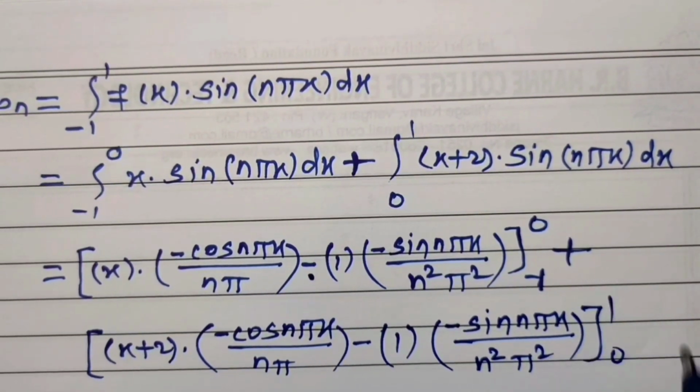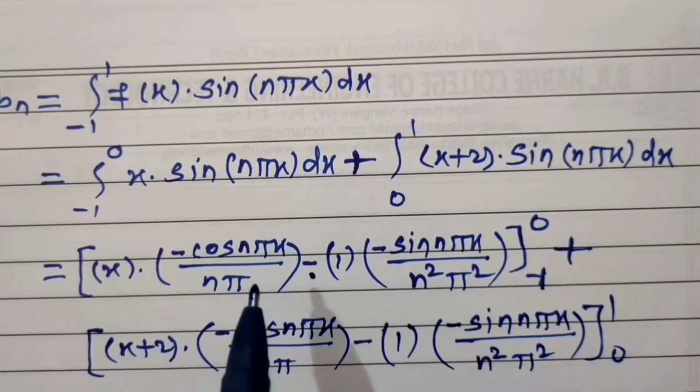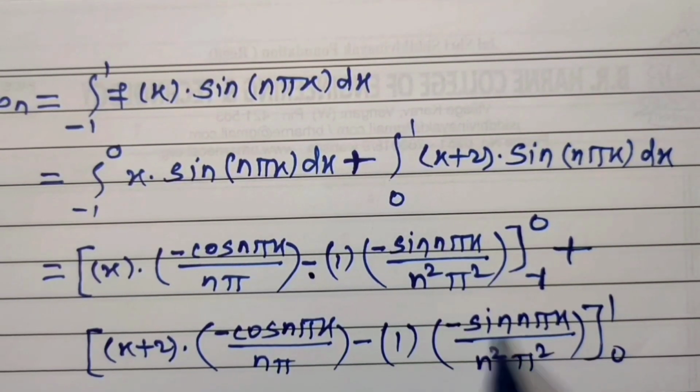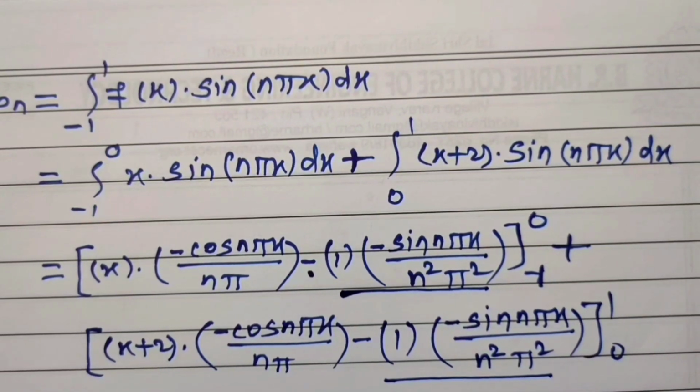Here also, if we substitute upper limit and lower limit, then the sine function becomes 0. This sine function and this sine function become 0. So eliminating this term and this term, put the limits in the remaining terms.